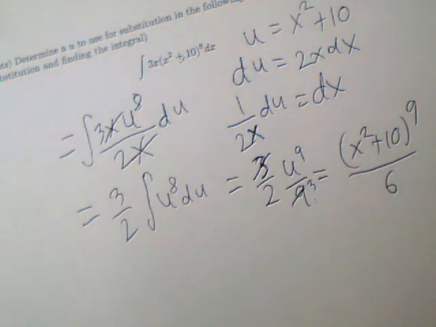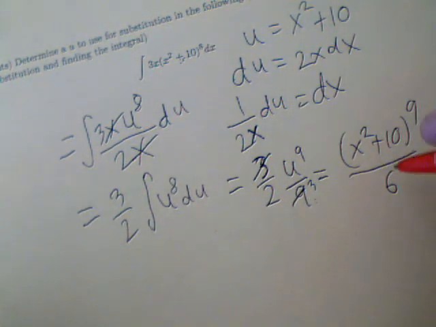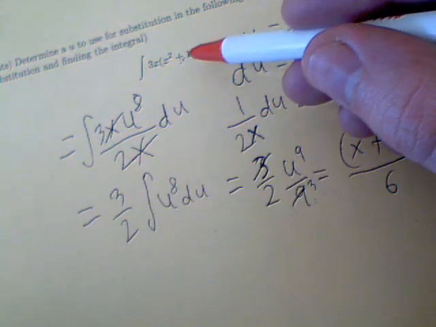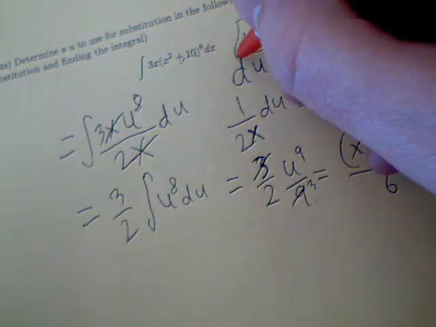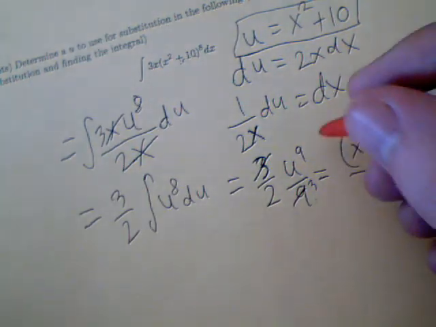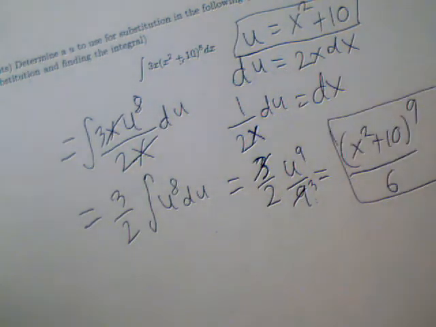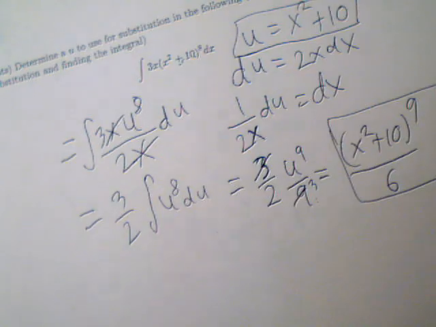Alright. So if you check, you take the derivative of this, you'll find it is actually what you originally had. This problem I was only looking for that much, but this would make me happy too. Alright, that is it for quiz 7.